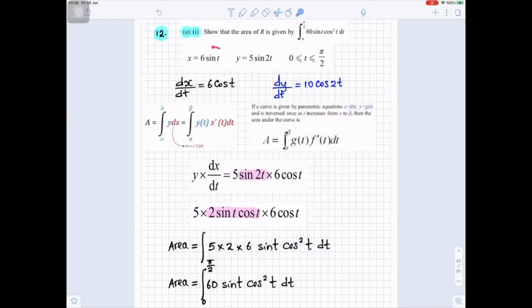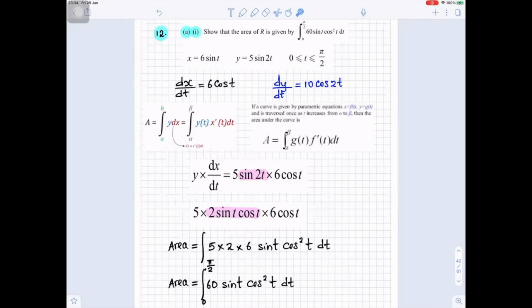When you differentiate 6 sine t, the 6 stays the same, and when you differentiate sine t, you get cos t. Now, you can use this formula for finding the area when you have equations given in parametric form.